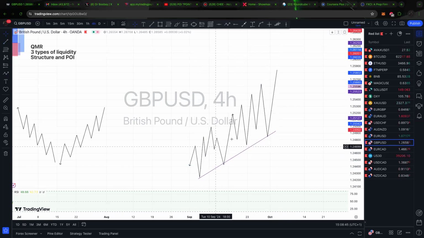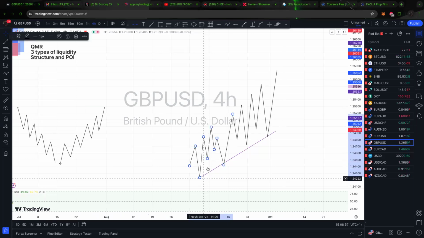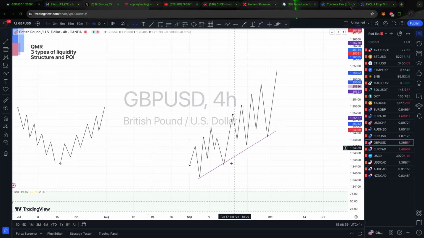There will be some in-between liquidities that formed, either on a trend line situation or on a range situation towards sideways movement. You will see that price would always engineer liquidity, and that is what I would explain in 3 types of liquidity. So this is basic structure.